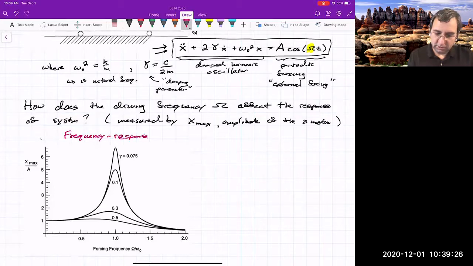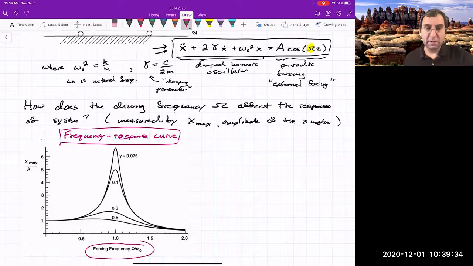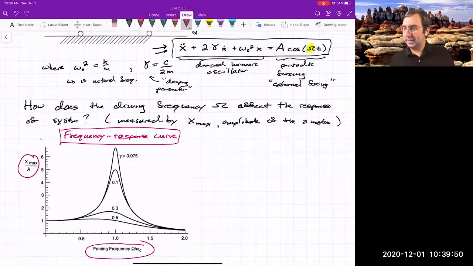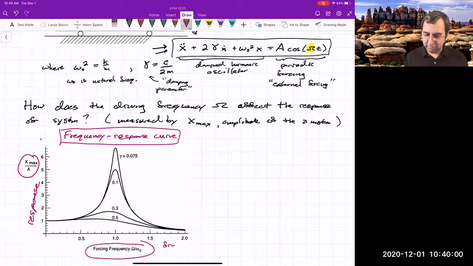Down here, we've got the forcing frequency, capital Omega, divided by the natural frequency. And then this is the maximum amplitude divided by some constant. So this is called the response on this vertical axis, and this is the frequency.